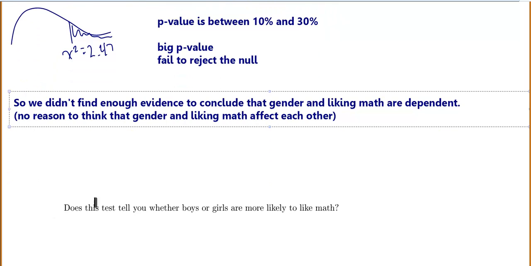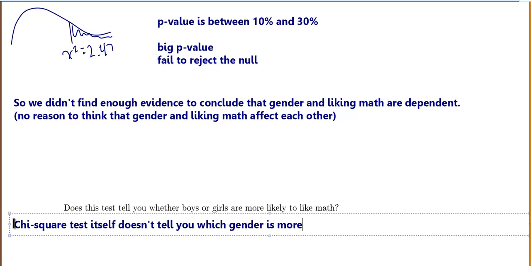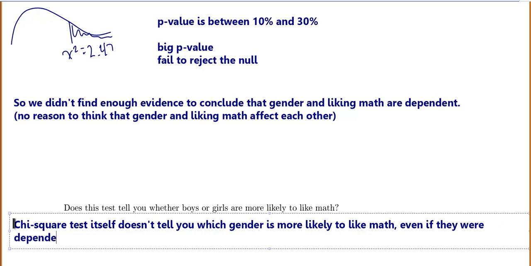Now, does this test tell you whether boys or girls are more likely to like math? Well, to start with, the chi-square test itself doesn't tell you which gender is more likely to like math, even if they were dependent, which they weren't.